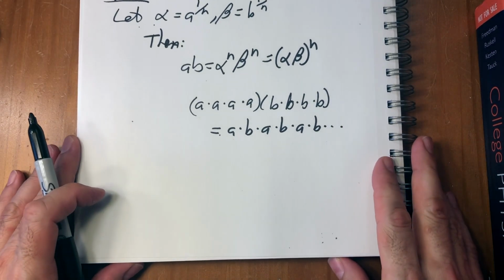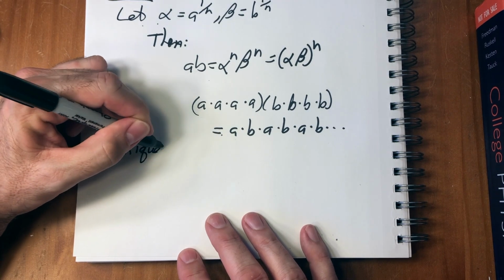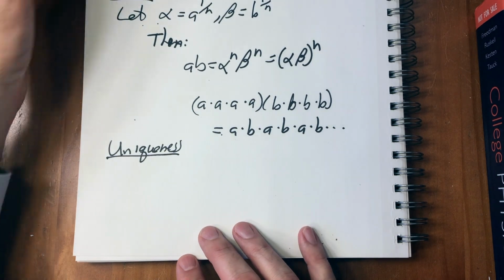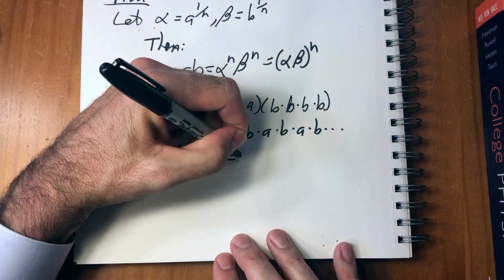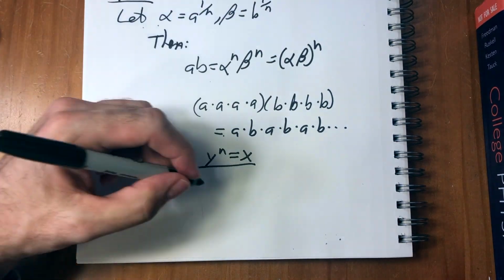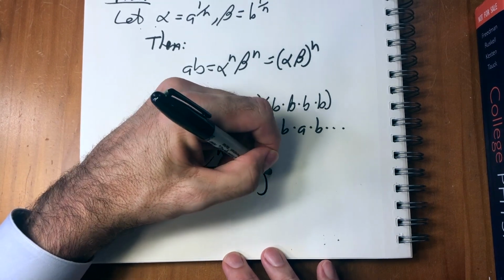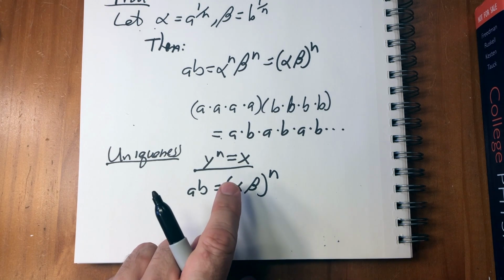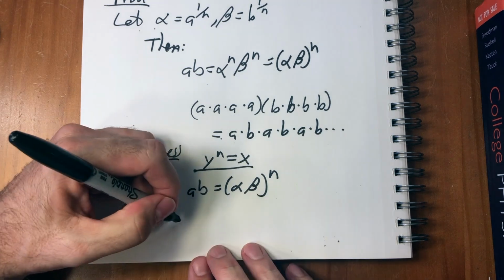So then using the uniqueness of the theorem, which says that each root is unique, we just showed that AB equals alpha beta to the n. So we know that alpha beta is the nth root of AB.